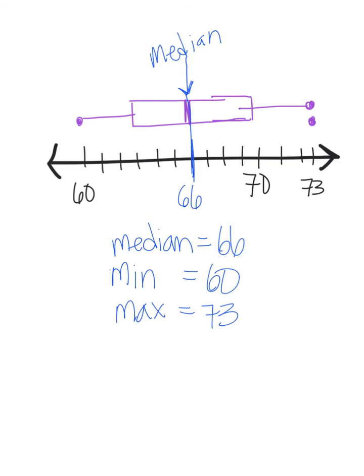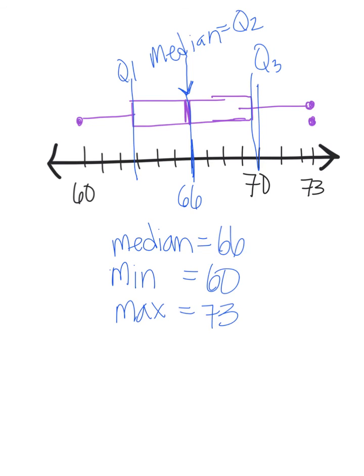So this right here would be Q1, and this right here would be Q3. I keep saying Q2, but this is Q3, because remember, this right here is actually Q2.